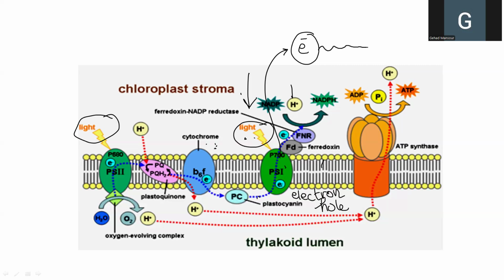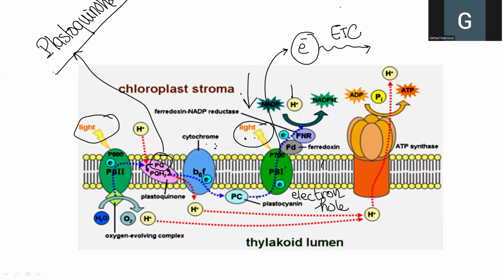And then the electrons will be transferred along an electron transfer chain that contains a very important electron carrier. Here we said that the very important electron carrier is PQ or plastoquinone. Plastoquinone is a protein in the cell membrane that acts as an electron carrier.